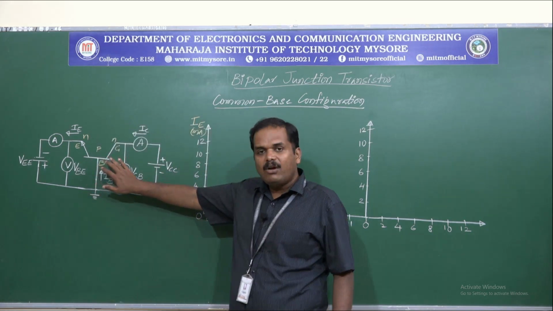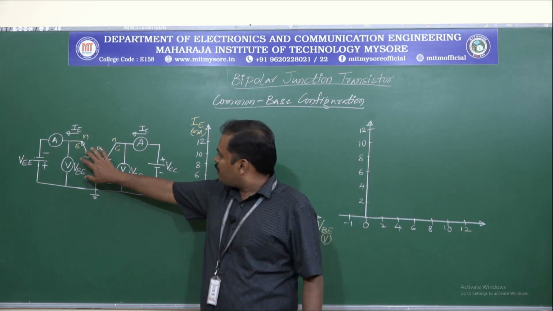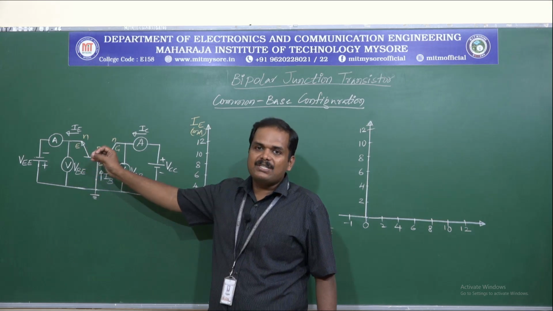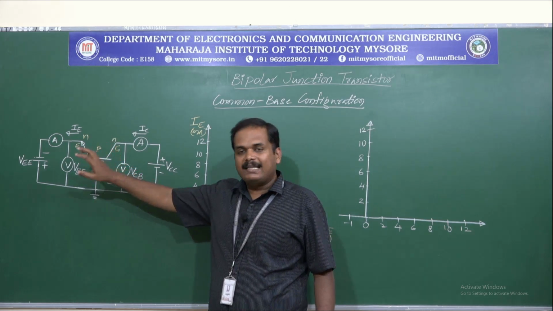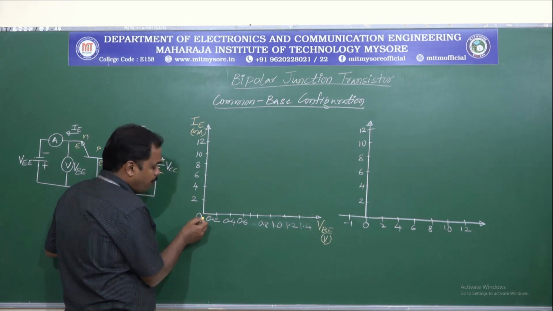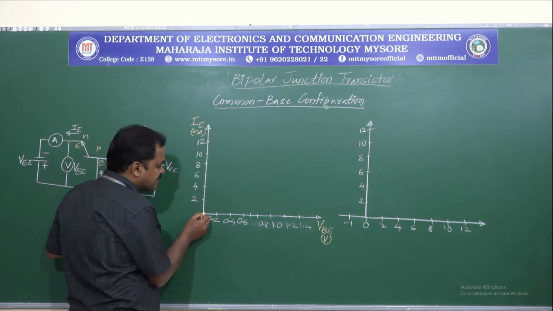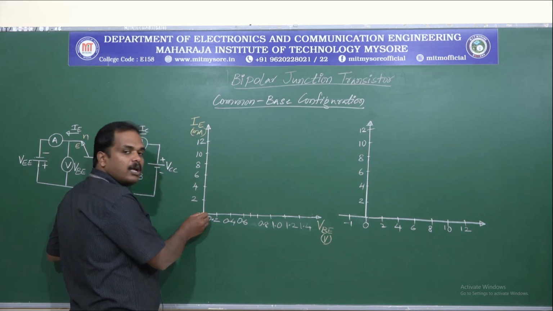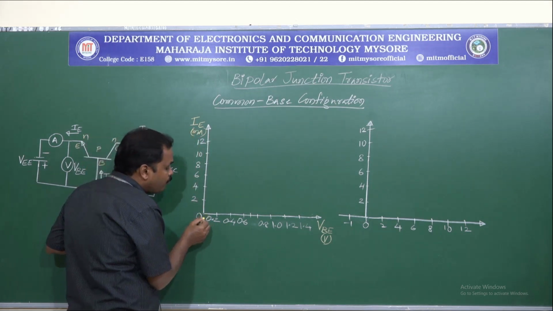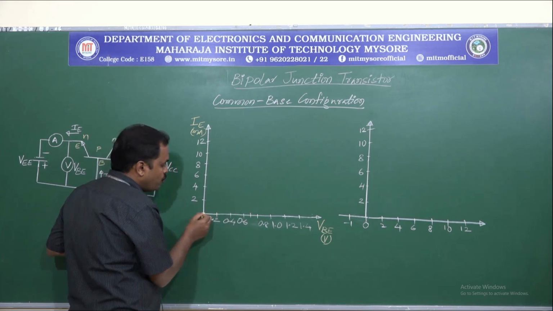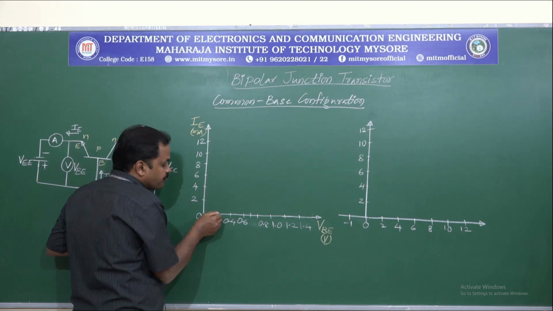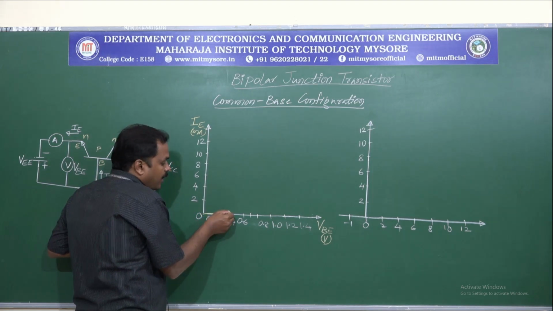we have used a silicon transistor, this will be off till we supply at least 0.7 volts at the input end. So here, because the input voltage VBE is 0, the input current IE will also be 0. As we move on towards the positive voltage, there will be a small current flowing, right?